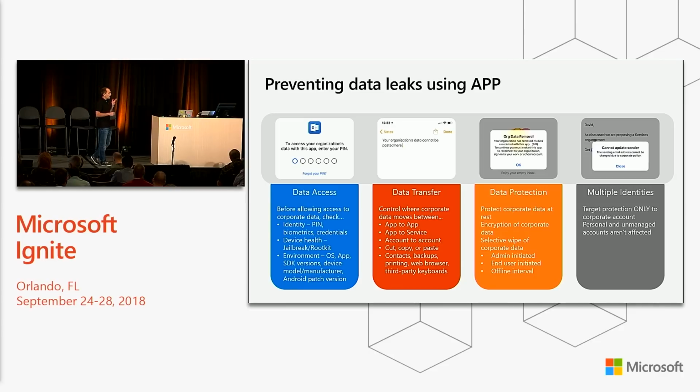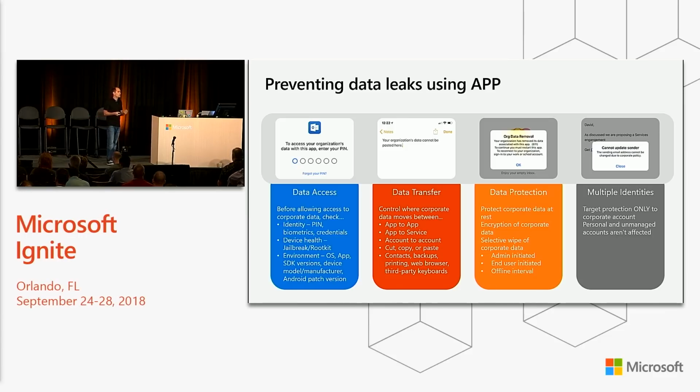We've built in the capability for you to scope the device model to an iPad or iPhone, or the device manufacturer in the Android space so that you can only allow Samsung devices if need be, or whatever. And we've also even implemented the ability for you to target minimum patch versions of Android so that you can be assured that your devices are only accessed on operating system or versions that you've approved.